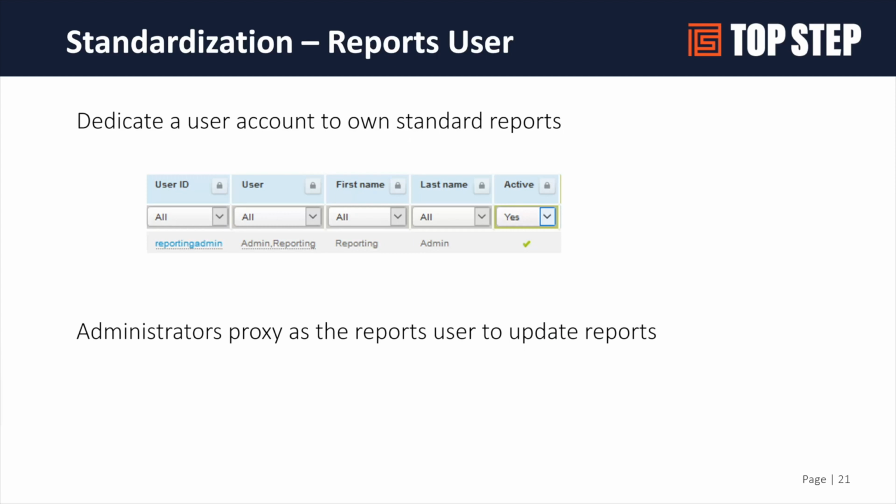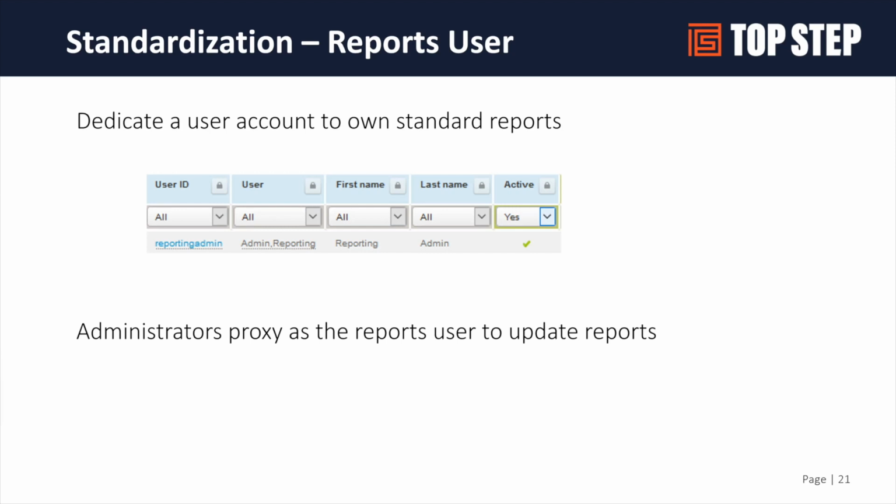One thing we recommend is having a dedicated user to own all corporate-wide blessed reports. So in this example, we've got a reporting admin as a user. It does burn a user license, but we feel like it's worth it because you can tell which reports are basically the standard reports, the go-to reports, the blessed reports versus others.